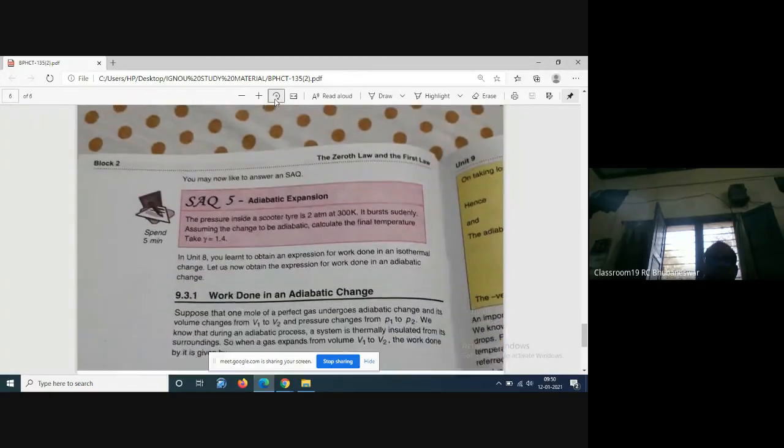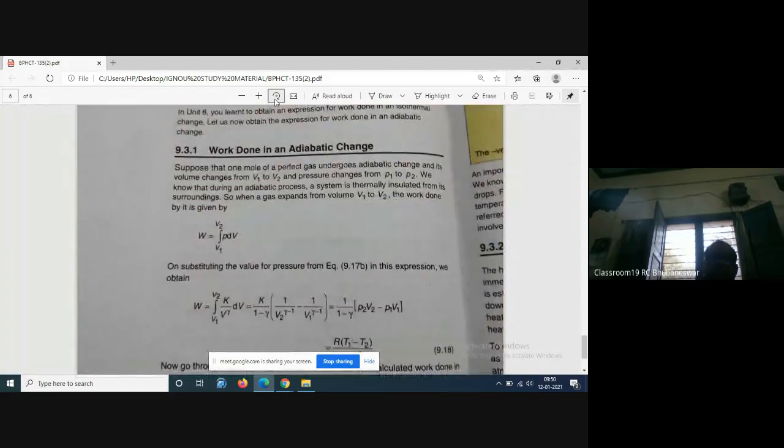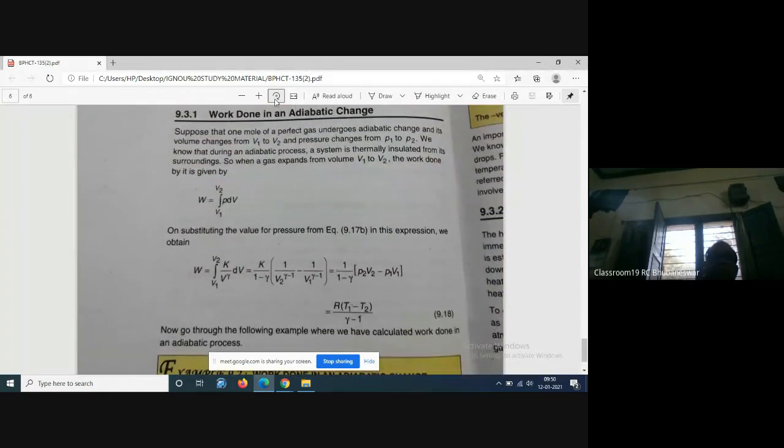Similarly, we write the expression for the work done in an adiabatic change. Work done: we start with this integration of P dV from V1 to V2.